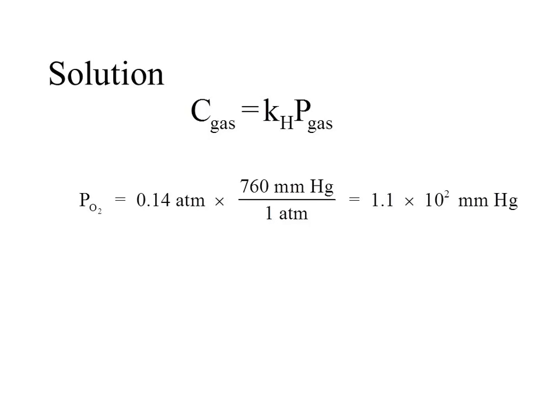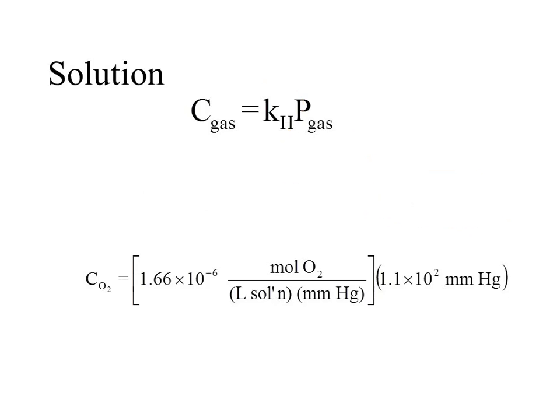So now I can go ahead and plug that in. Let's not make it harder than it is, right? So basically this term is going to go there, okay? And this term, KH, was given in the problem. So it looks like this. This is KH, given in the problem, and this is the partial pressure of O2 in millimeters of mercury.